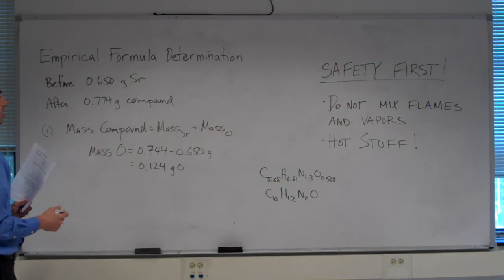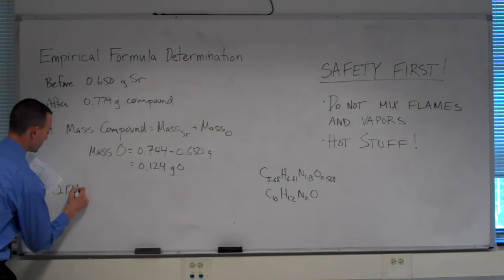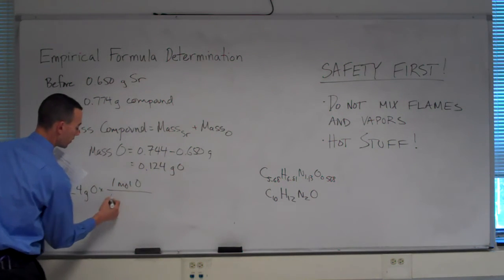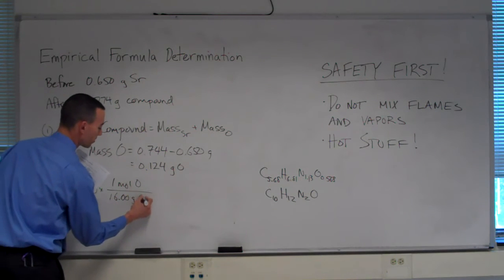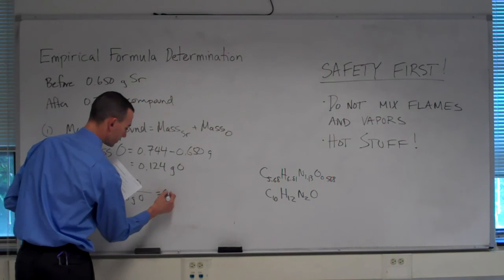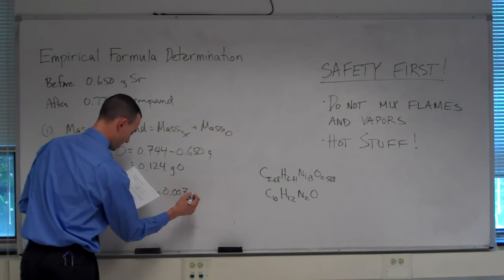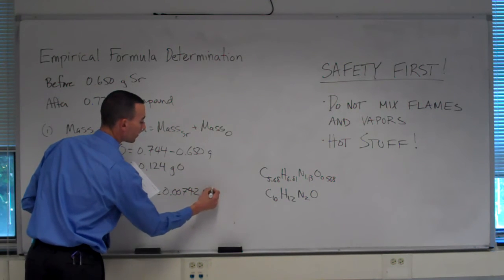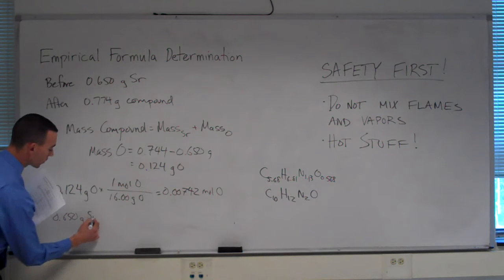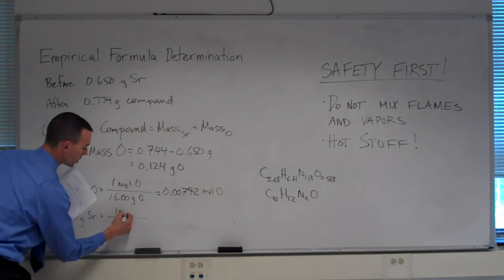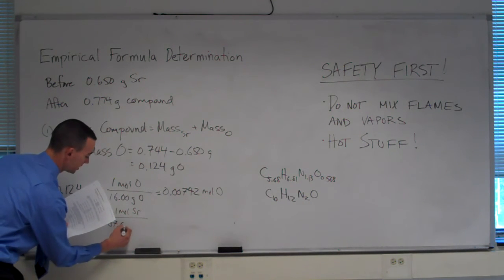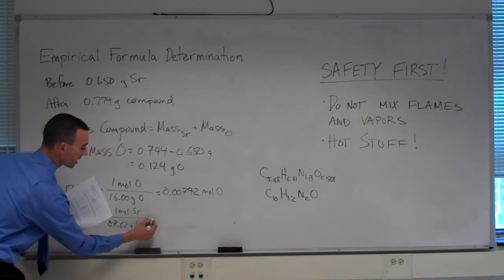How many moles of each element are present? We can take our 0.124 grams of oxygen times 1 mole over 16 grams, just as we did in the previous problem, to get 0.00742 moles of oxygen, and our 0.650 grams of strontium times 1 mole of strontium divided by 87.62 grams, its molar mass from the periodic table.